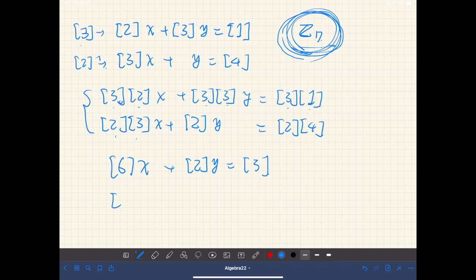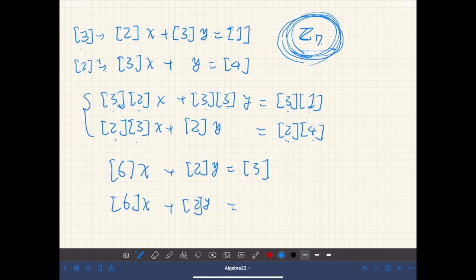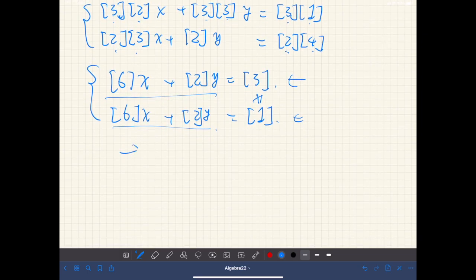This is 6x and 2y equal to 2 times 4 is 8, but in modulo 7 it is equal to 1. So these two equations are inconsistent. You know, the left-hand sides are the same, but the right-hand sides are different. So there are no solutions.